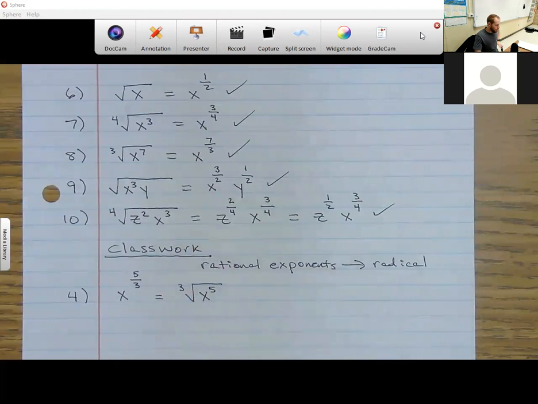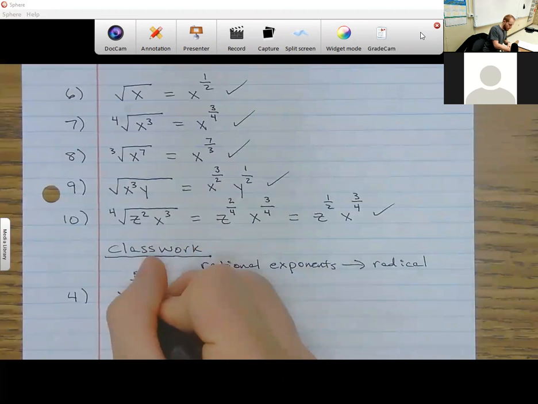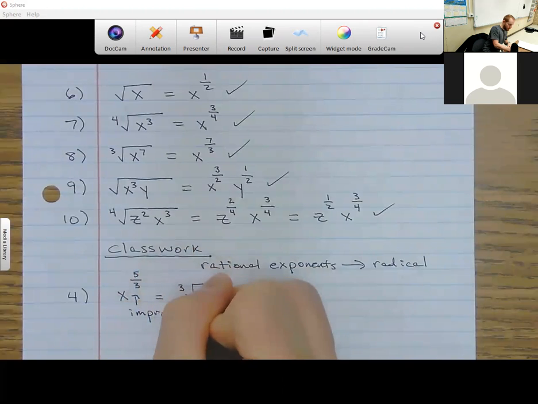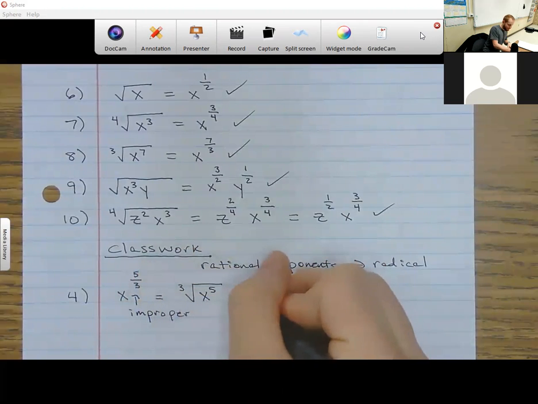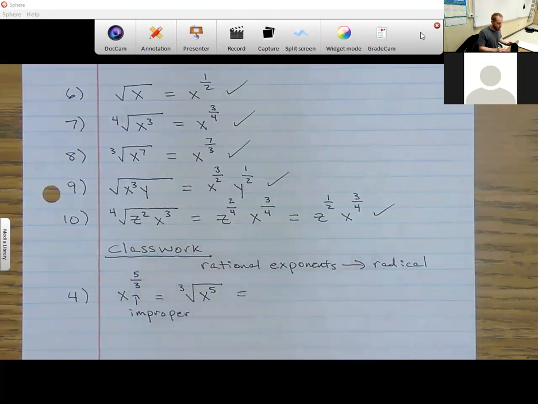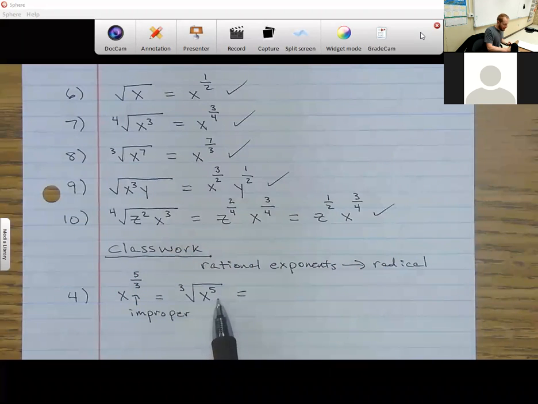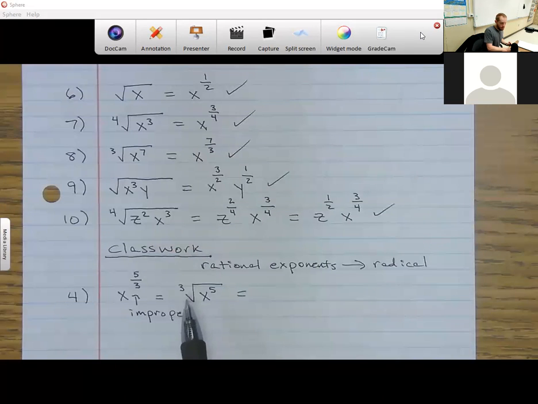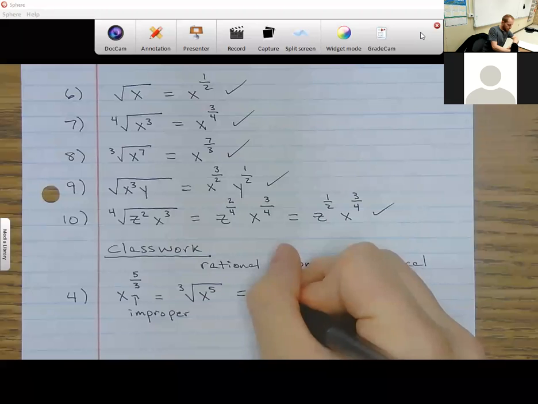And now what we're going to do is, since this fraction is improper, we're actually going to take some x's out. Or at least we can, right? So how many x's do I have on the inside? 5, right? What am I taking them out in? Groups of what? 3. So how many times does 3 go into 5 without spilling over? Just once, right? So I know I can take out 1x.